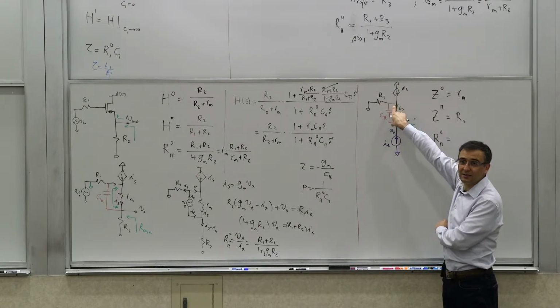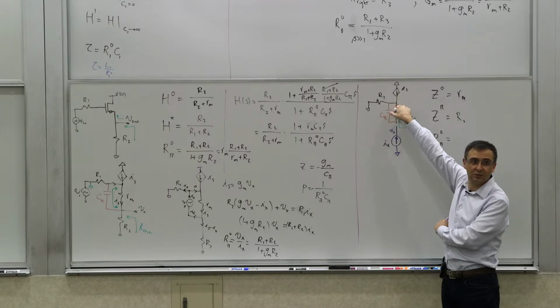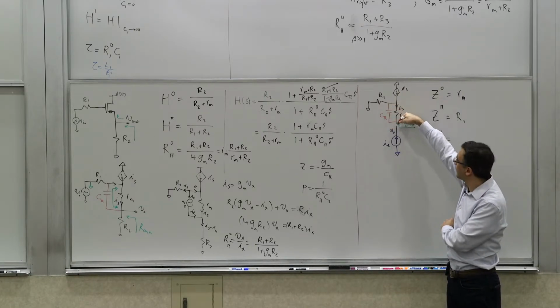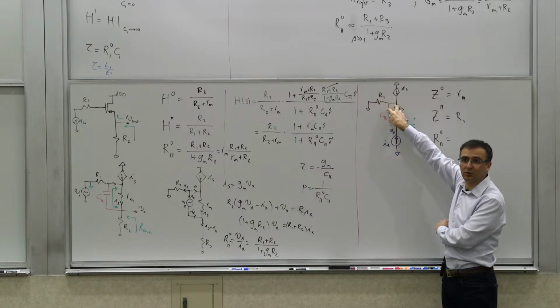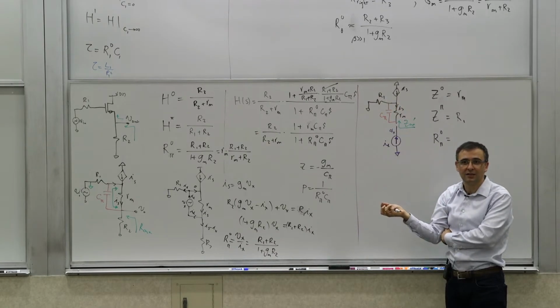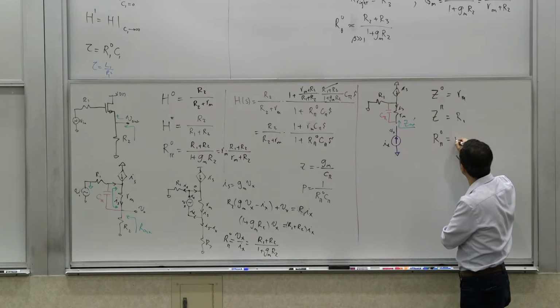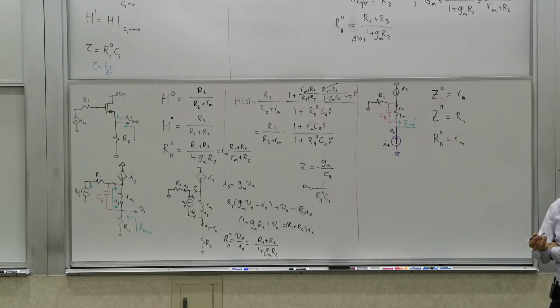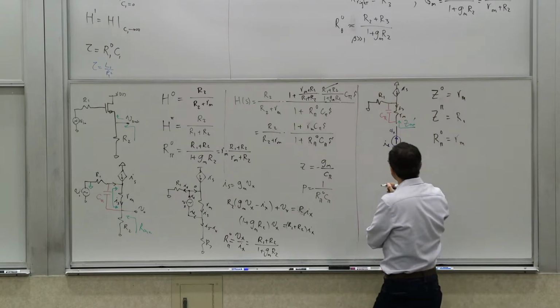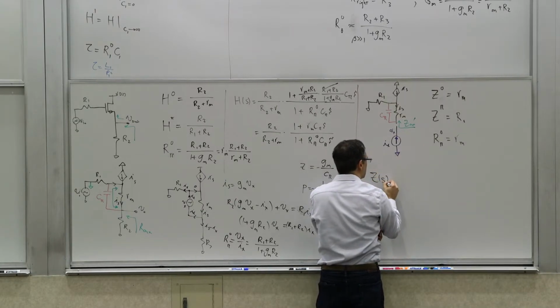Whatever you apply here, if you apply Vx, you will induce some sort of an Ix, but all of that current has to circulate through here. If you replace the capacitor with a test voltage or test current, you can see that easily. So it has to be Rm. You can see that these are pretty straightforward calculations, right? So now if that's the calculation, what is the Z of S?